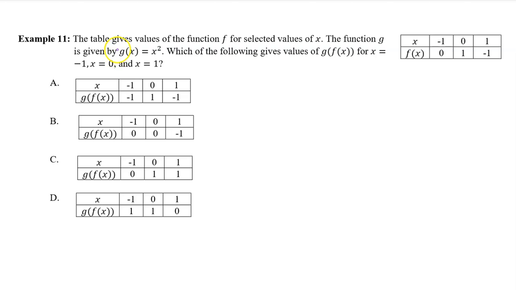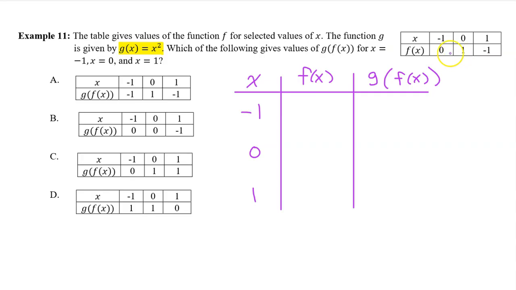Number 11. The table gives values of the function f for selected values of x. The function g is given by g of x equals x squared. Which of the following gives values of g of f of x for x equals -1, x equals 0, and x equals 1? The table gives us the values of f of x at -1, 0, and 1.